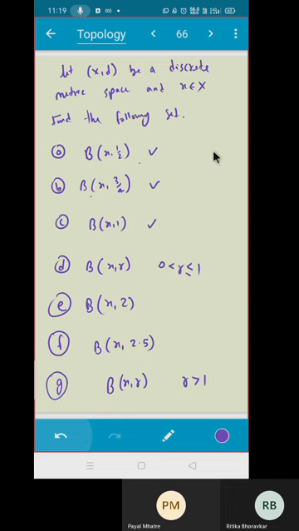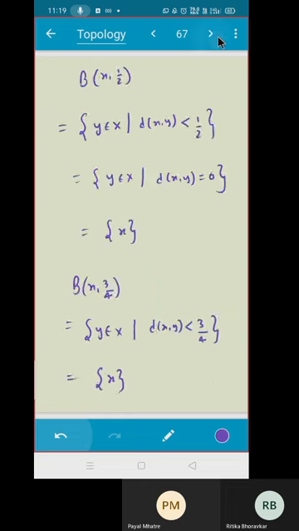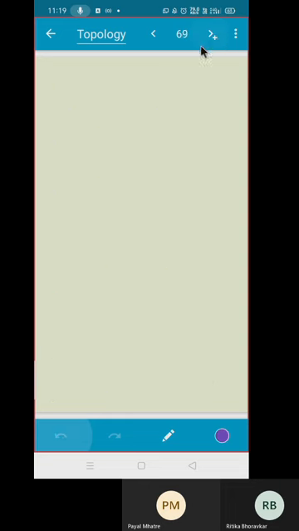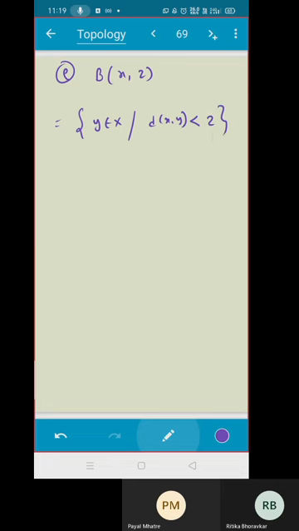Now think about E. B of X comma 2. What is that? The set of all y in X such that distance of X comma y is less than 2. What can you say now?